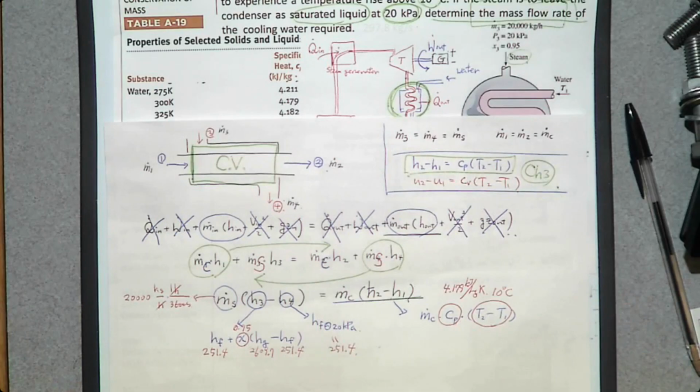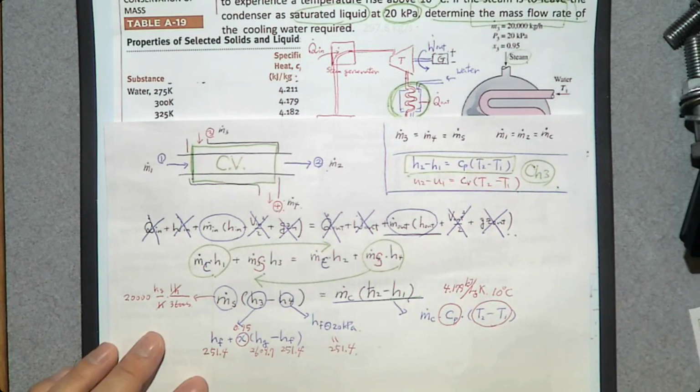Then what is the m dot of C? Now we have everything but m dot of C, so you can determine the mass flow rate of the cooling water. If you find, you get 297.8 kilogram per second.